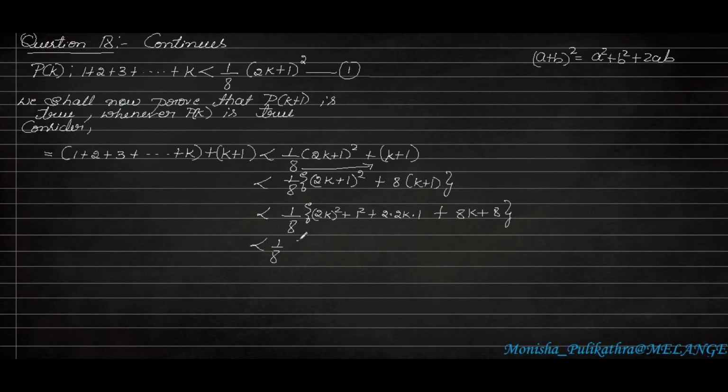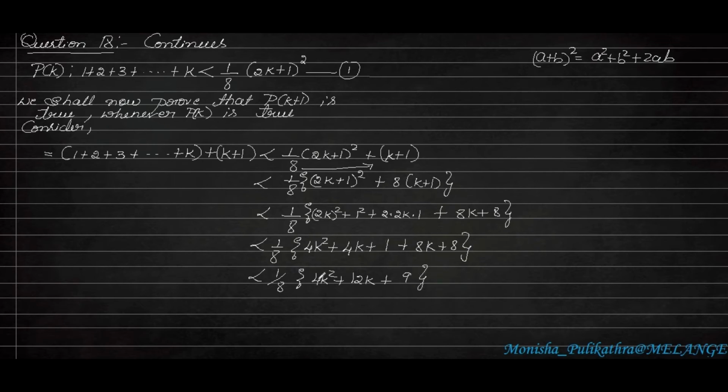So next is 1 by 8 into 2K square will become 4K square plus 2 into 2, 4K plus this 1 square will become 1 plus 8K plus 8. Next the equation will become 4K square plus 8K plus 4K is 12K plus 8 plus 1 is 9.